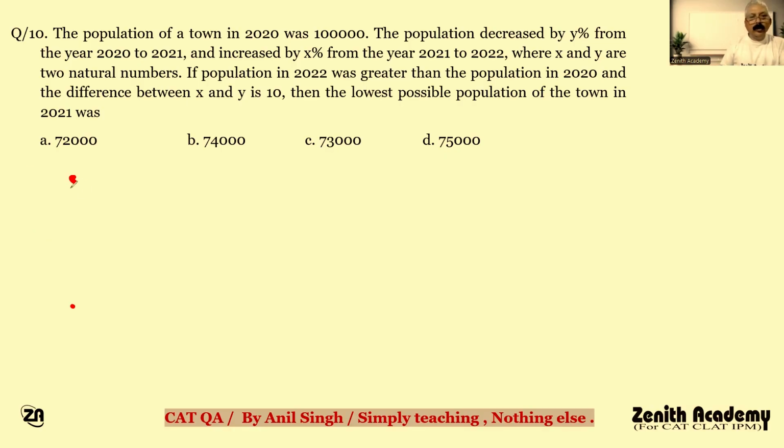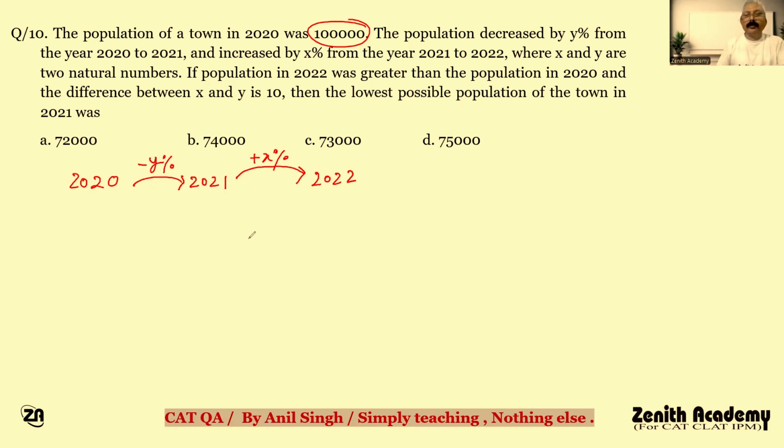So in 2020, population is given 1 lakh. Then it decreases by Y%, then from 2021 it is increased by X%.